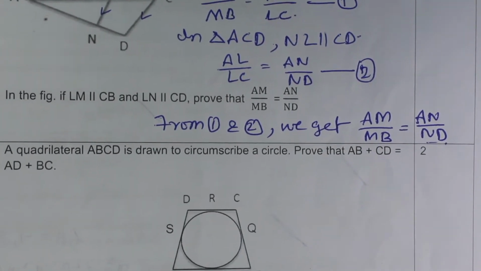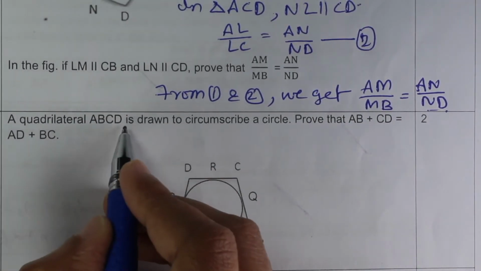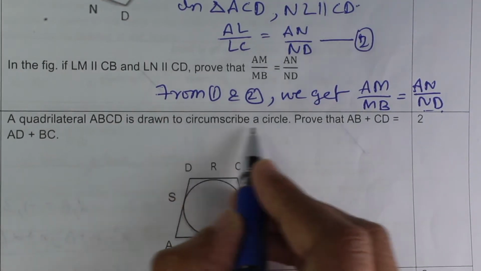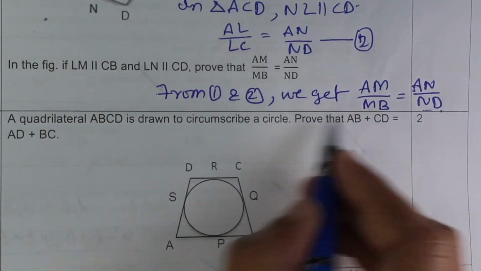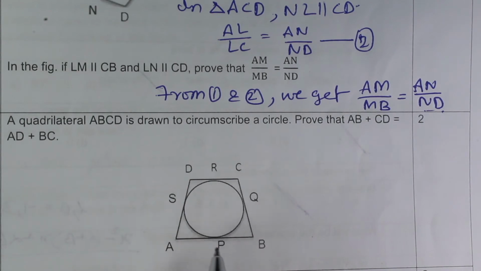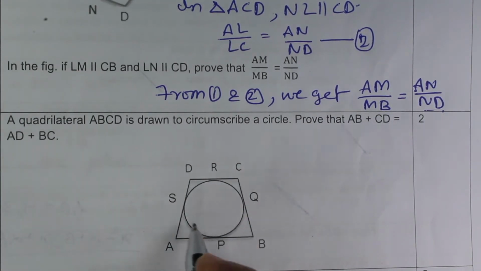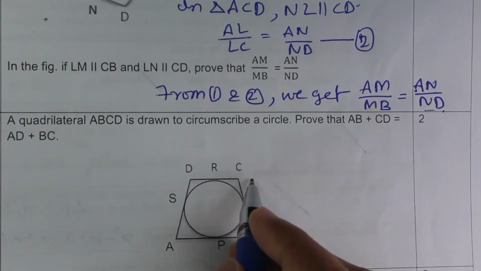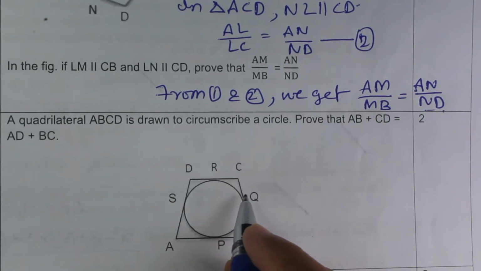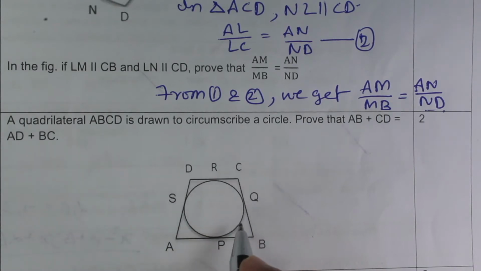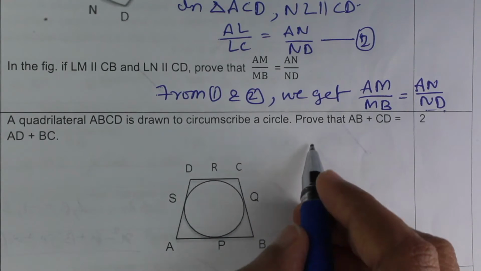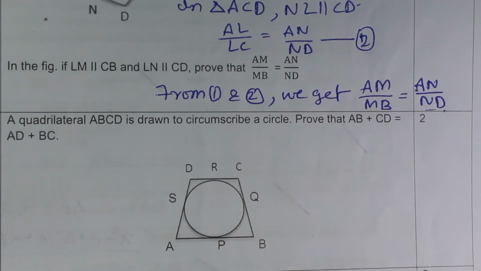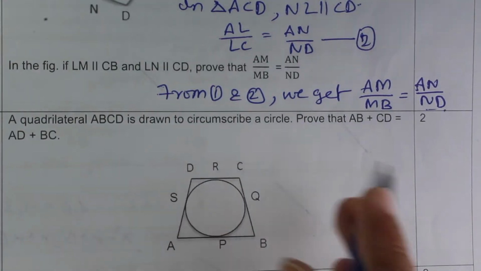Now let's move to the next question, 23rd one. A quadrilateral ABCD is drawn to circumscribe a circle. Prove that AB plus CD is equal to AD plus BC. So here there is a quadrilateral and a circle is inscribed in that quadrilateral. We have to prove that AB plus CD is equal to AD plus BC.